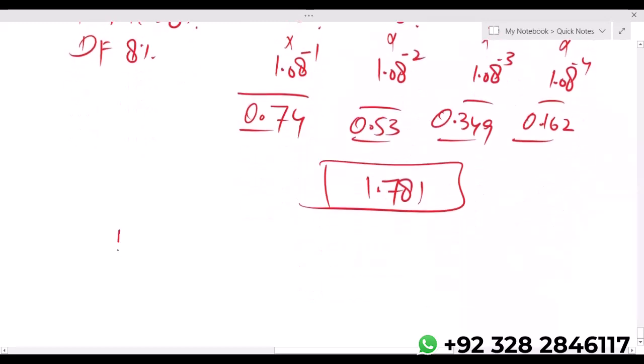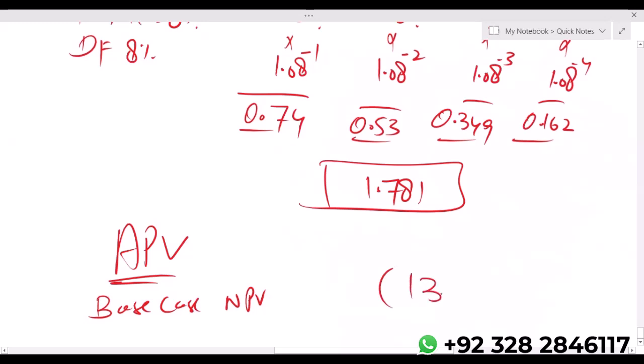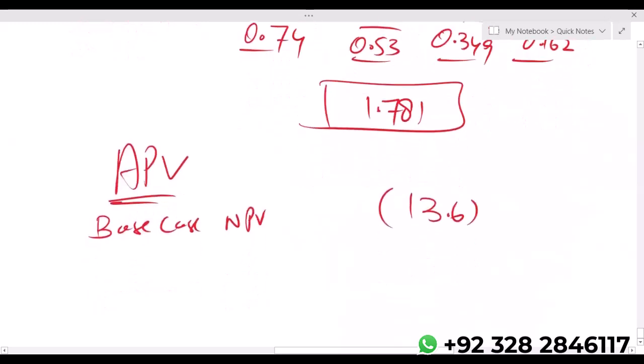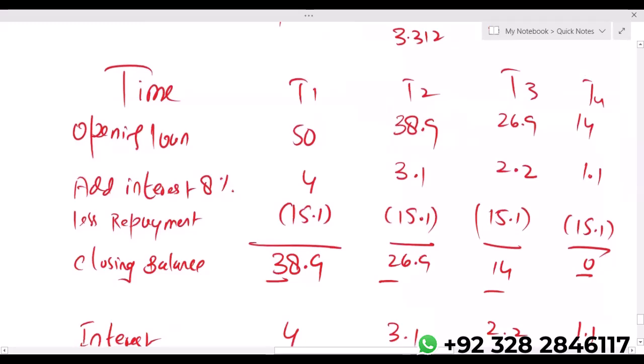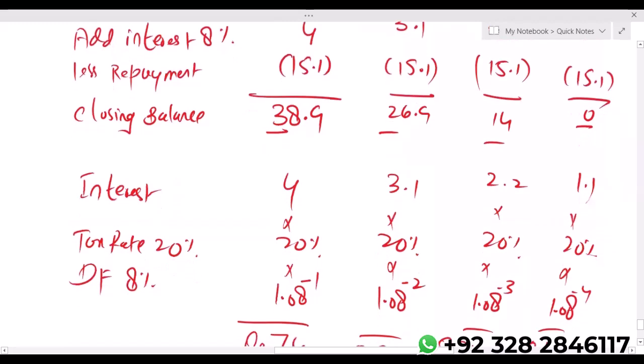Now let's calculate APV. Base case NPV we have already calculated. I think it was negative 13.6. Let's deduct the issue cost. Issue cost, how much we have calculated? It was 130 multiplied by 2 divided by 98. 2.65.